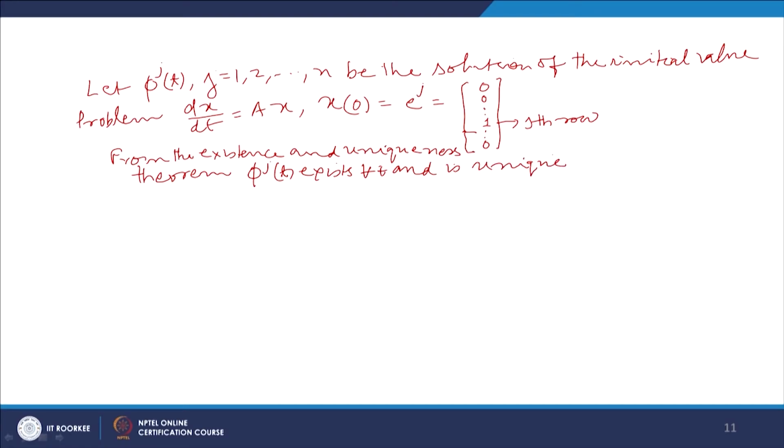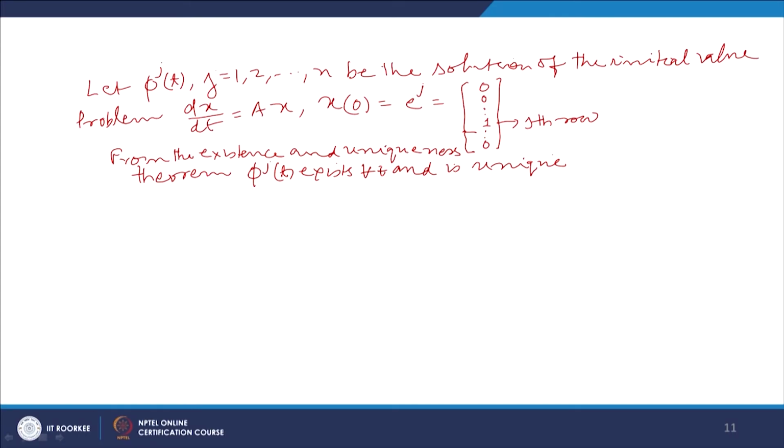So let phi j(t), where j runs from 1 up to n, be the solution of the initial value problem dx by dt equal to Ax, where the value of x at 0 is the vector Ej, where 1 occurs in the jth row. For example, for j equal to 1, phi 1(t) will be the solution of dx by dt equal to Ax, and x at 0 will be 1, 0, 0, 0 and so on up to 0. We shall actually show that these n functions phi j(t) form a basis for the vector space B.